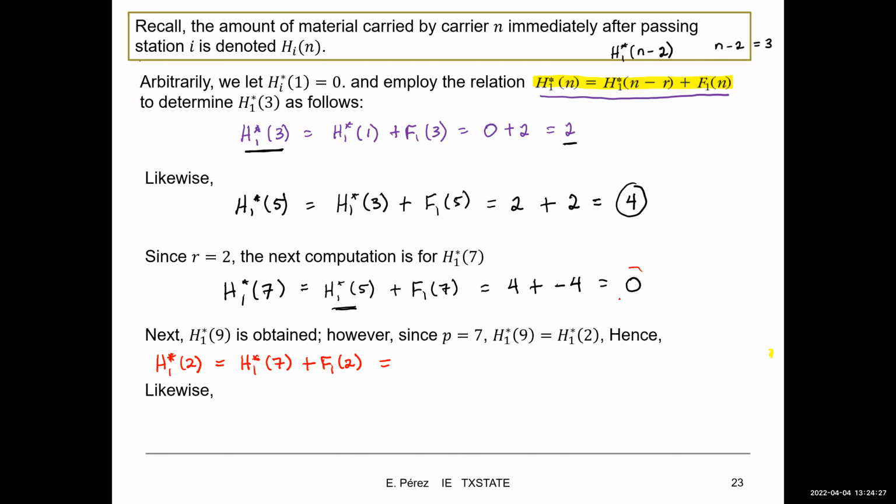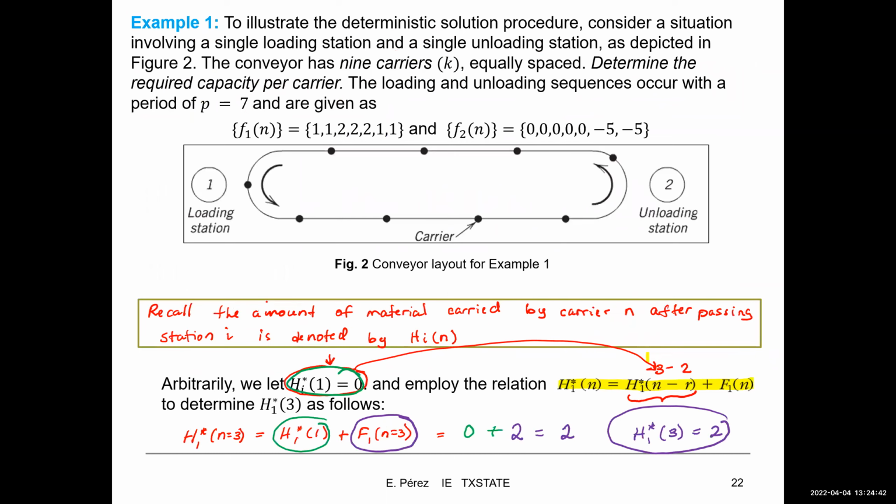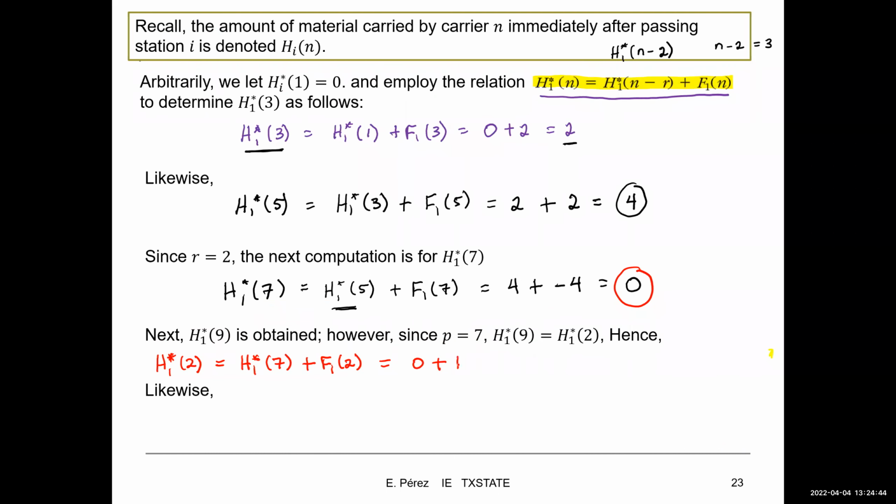So this is 0. And then we are going to look at the value of the second period here. That will be 1 and 2. So that will be this one right here. So it's 0 plus 1. This equals 1.